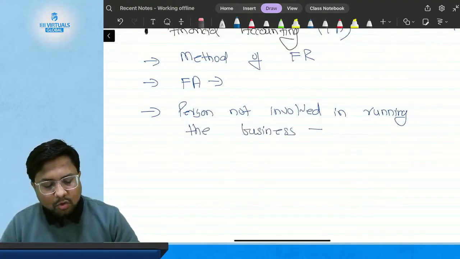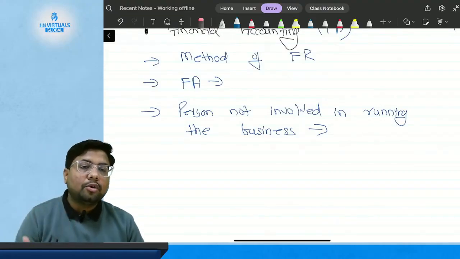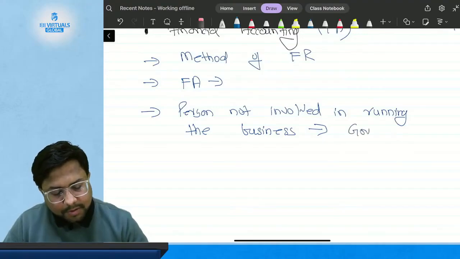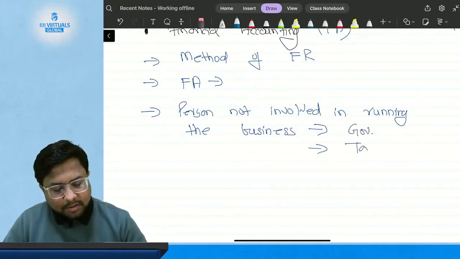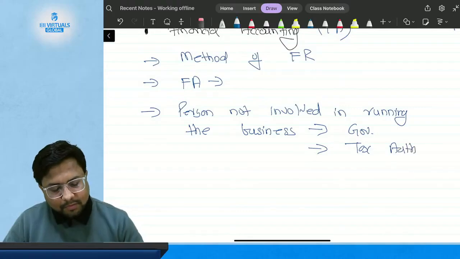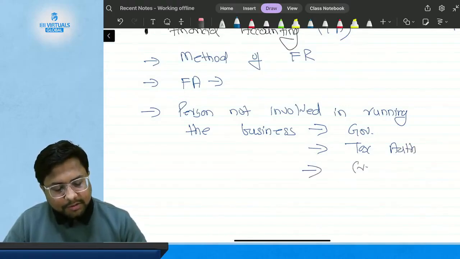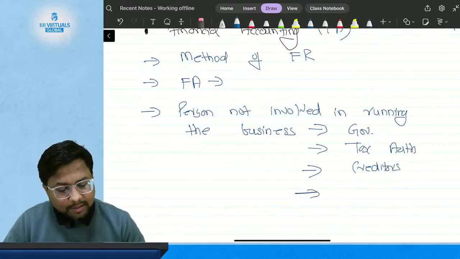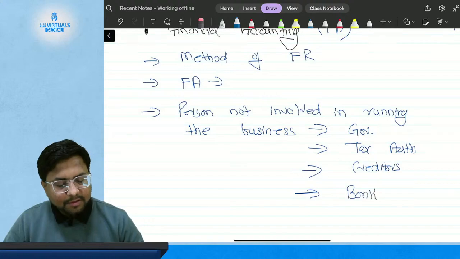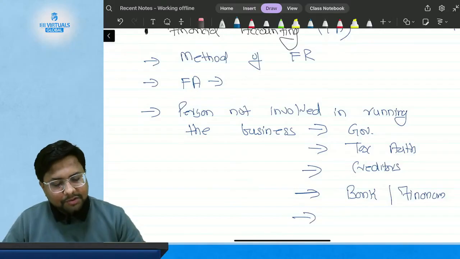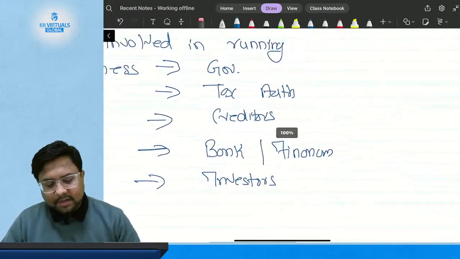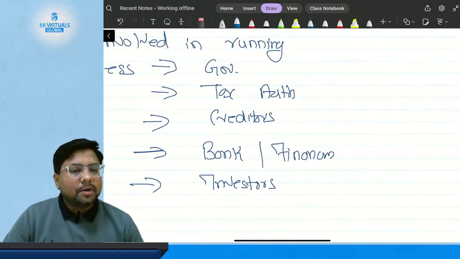Who are these people who want to know your information but are not involved in the running of the business? They are the government, the tax authorities, creditors, lenders, banks or financiers, and investors. Is the government involved in running your business?